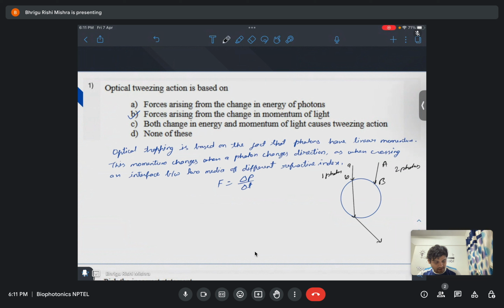Similarly here, and then again, so they make this X kind of shape. So the resultant vector is here. The resultant force exerted by this one photon on this sphere is in this direction.